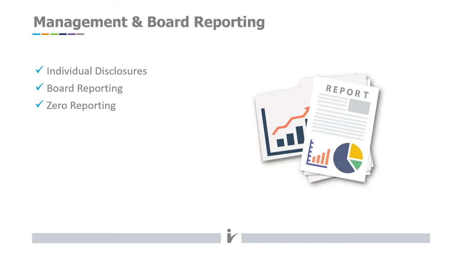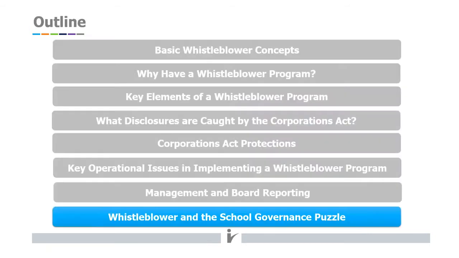The best reporting you could ever have as a board member is that you've got a really robust whistleblower protection program in place and you get zero reports, which means every month or every quarter, whatever your cycle, you get a report that says we have had no whistleblower disclosures under our whistleblower program. That would be music to the ears of most board members, because if they set this up properly, that's a pretty good radar that everything is working in your school.